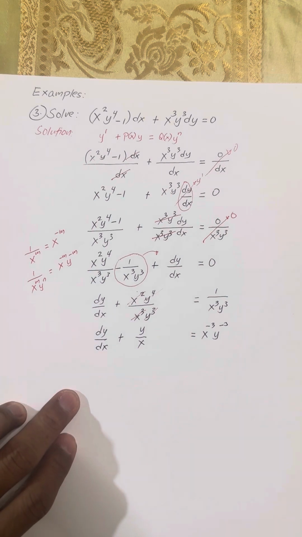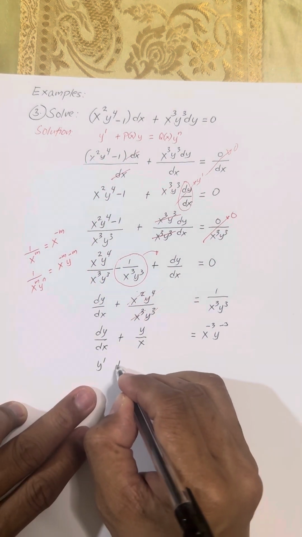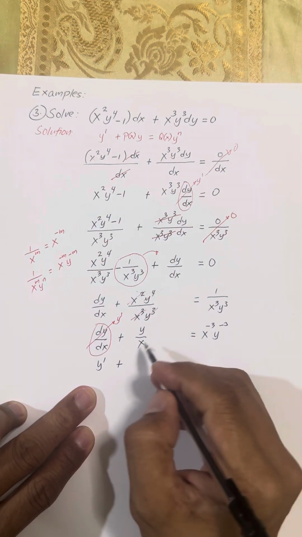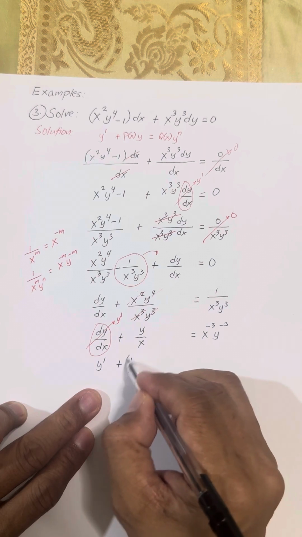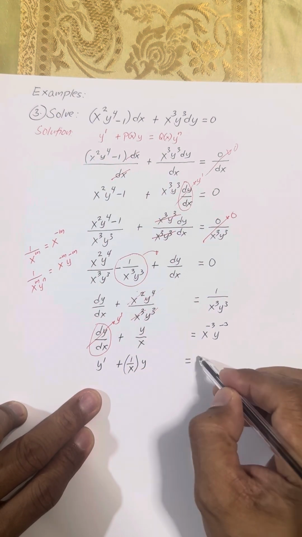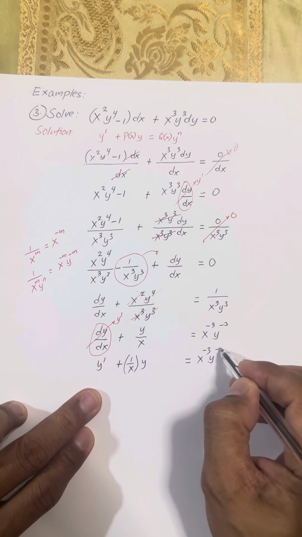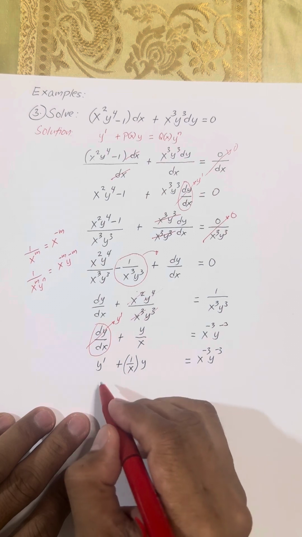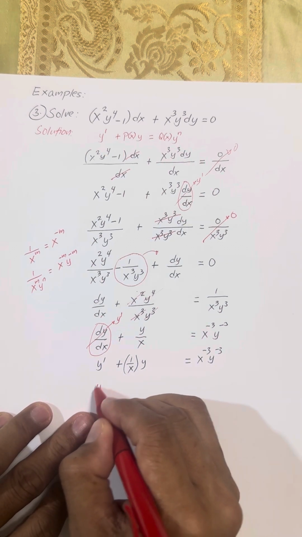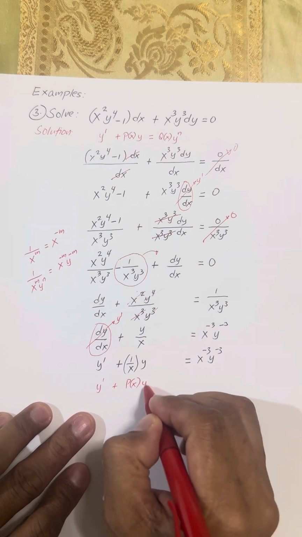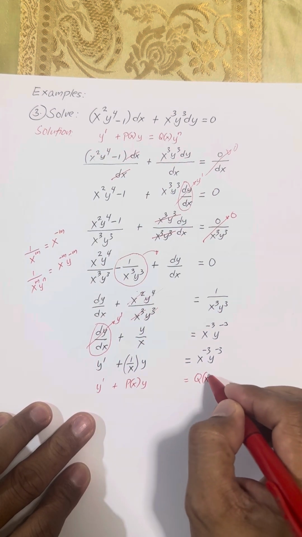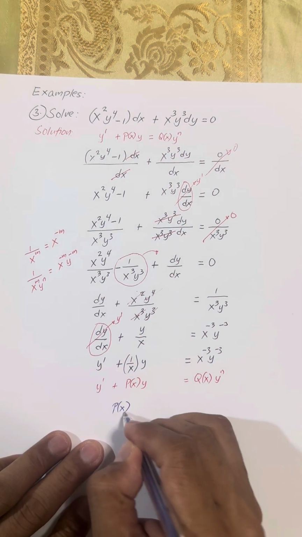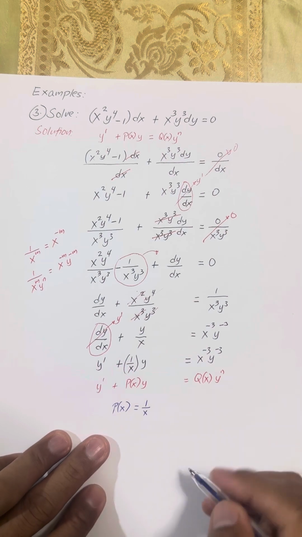Now we can rewrite this as y prime plus 1 over x times y equal to x to the minus 3, y to the minus 3. If you compare this with the standard form of Bernoulli's equation, y prime plus p of x times y equal to q of x times y to the n, we can say that p of x equals 1 over x.